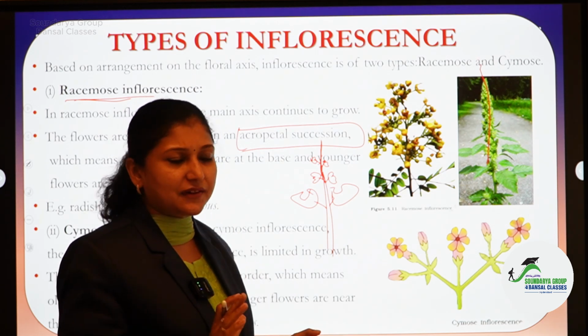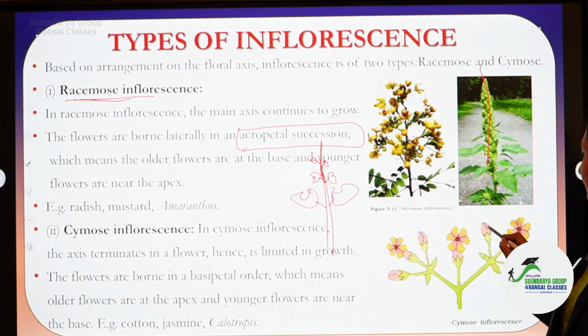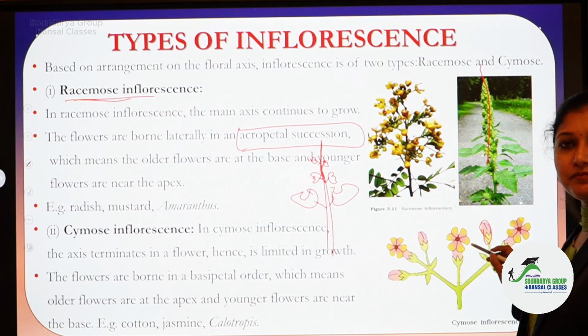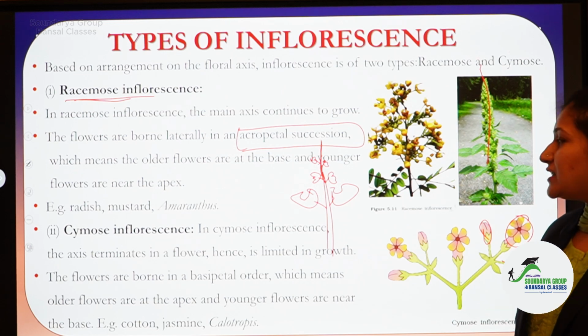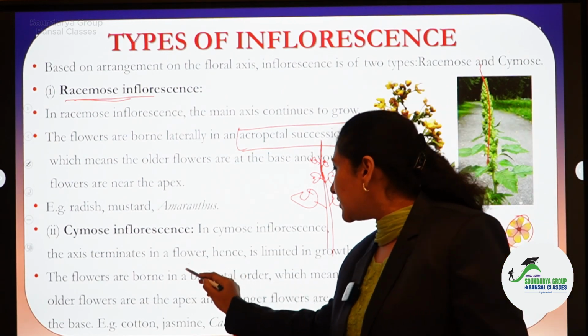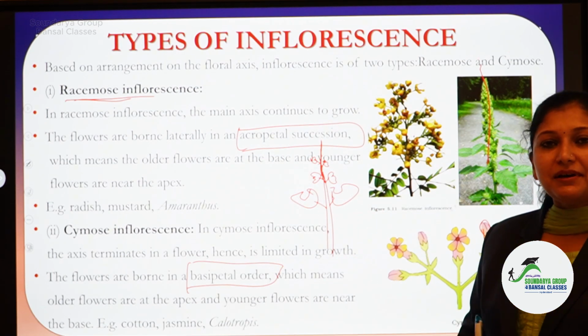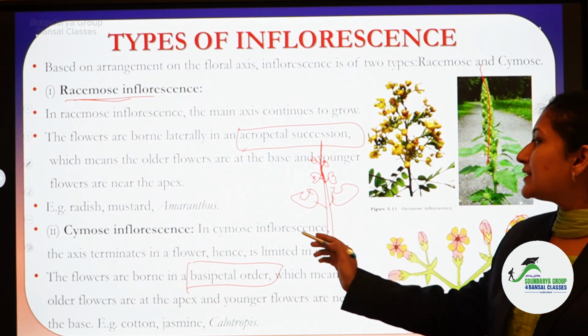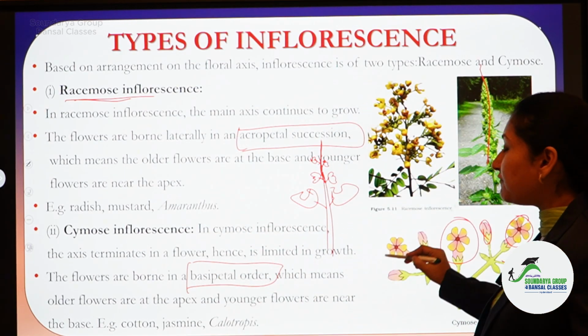The same type of acropetal succession we always have in the case of leaves. Leaves do not have any other succession. But you can see here where young flowers are towards the base, and the old remain at the tip. This is known as basipetal succession, basipetal order. Basipetal order is known as cymose type of inflorescence, where the tip is terminated as a flower.